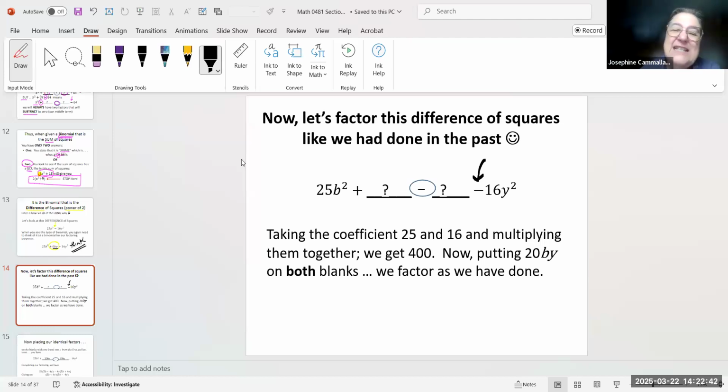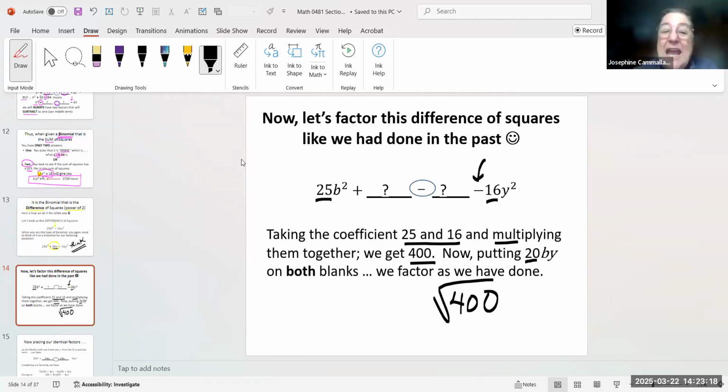One of those places has got to have a positive sign, and the other blank has to have a negative sign. Now, if we take 25 and 16 and multiply them together, we're going to get 400. If I take the square root of 400, I'm going to get the number 20. And then the middle term will have by on both blanks.